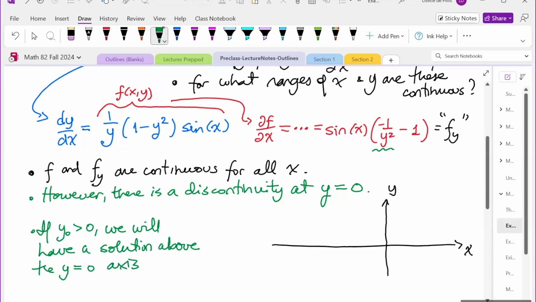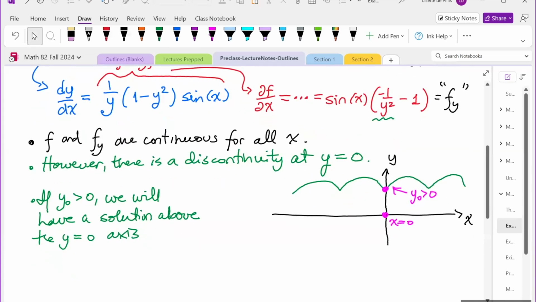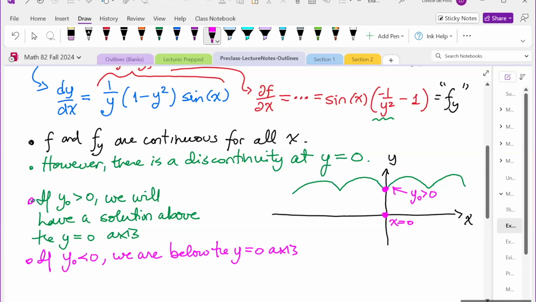It will look something like this. At space step 0, we have our y0 positive. On the other hand, if y naught is negative, we are below the y equals 0 axis, and it comes down somewhere like this.